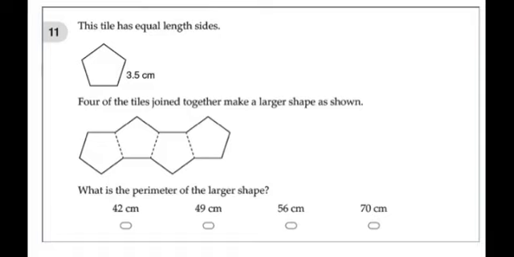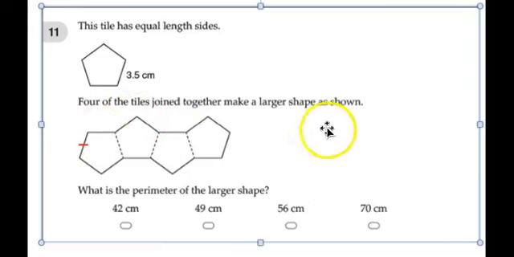I think the easiest way would be to count all the sides first of the last shape. Now I'm going to put a little marker on this one so that I know that I started counting the sides on this shape. So let's count. I've got 1, 2, 3, 4, 5, 6, 7, 8, 9, 10, 11, 12, 13, 14.